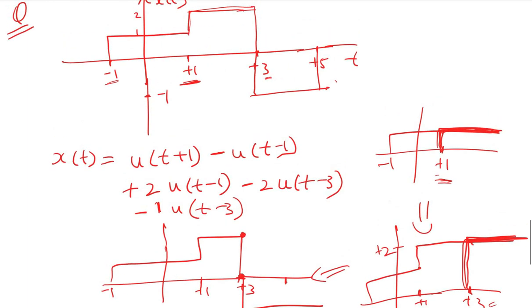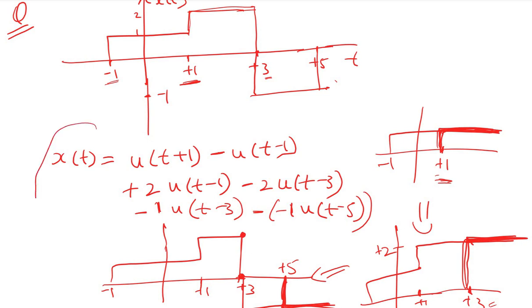Okay. Further, if we look at the desired signal, it stops at time t is equal to +5. That means we need to limit this signal at this. That means we'll subtract another inverted signal which is shifted to +5. We'll subtract another inverted signal with amplitude -1 and shifted to +5.